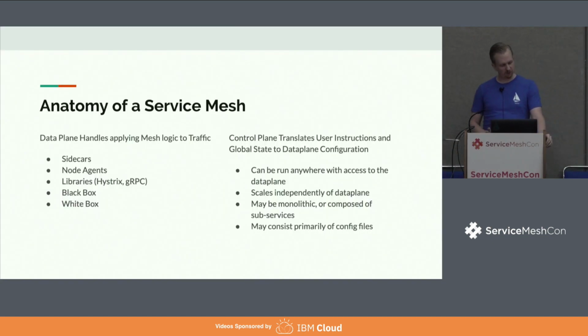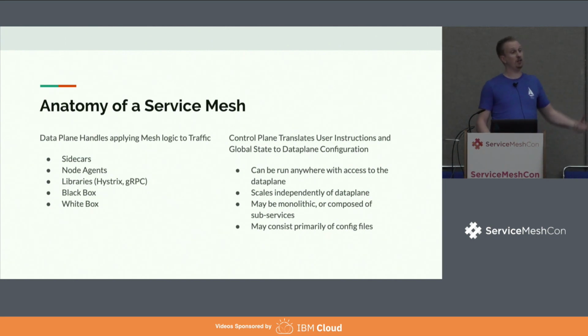Well, as far as I can tell, every service mesh implementation that I've seen has some sense of division between a data plane and a control plane. And there are a lot of options for how these data and control planes are run. It's really not my goal here to get into the comparative analysis of which one of these options is better or worse. But roughly, you can run your data plane as a sidecar, which captures all network traffic from the payload and mutates it.